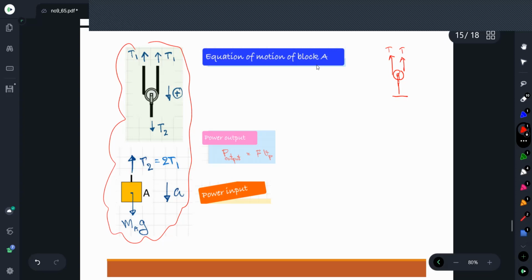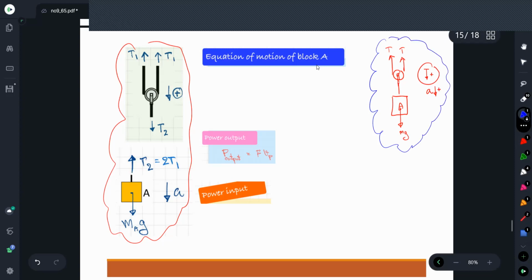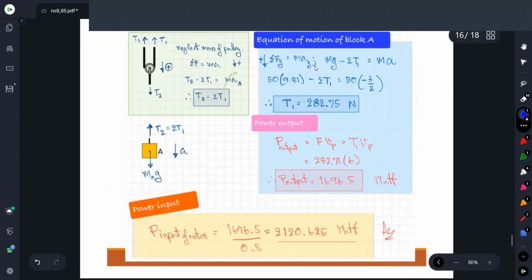You may consider the whole system for block A like this, and you get the same mg. Because from the kinematics we know that going down is positive, from this free body diagram we can form the equation of motion for block A. If you consider the free body diagram above, it's not necessary to consider this step.